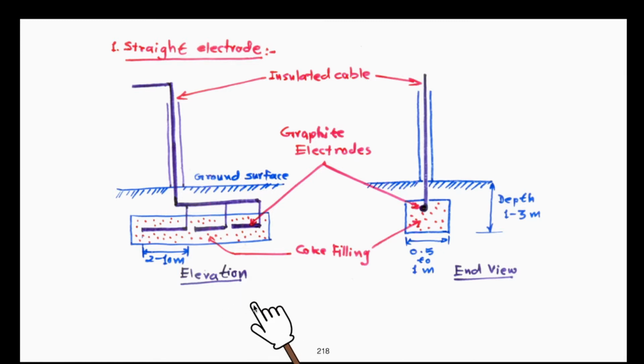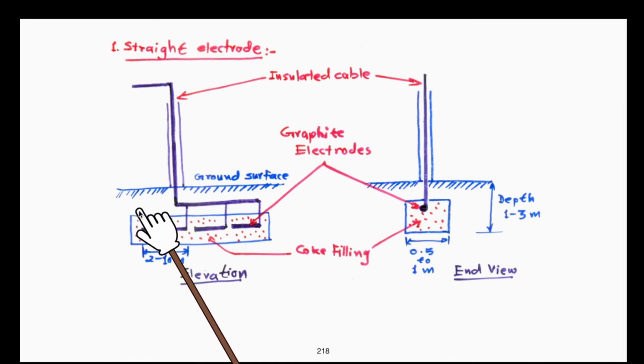Before we study the construction, we must recollect that the electrode site is selected such that the soil in the area under the ground must have good conductivity, right? And it should be accessible. There should be ample space, right? Adequate land is required, and there must be a natural supply of moisture.